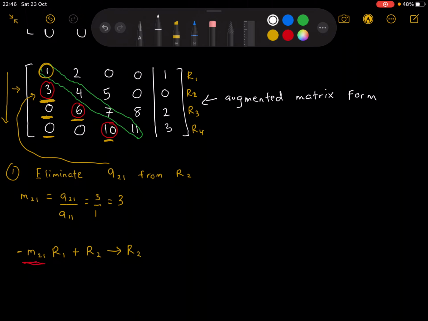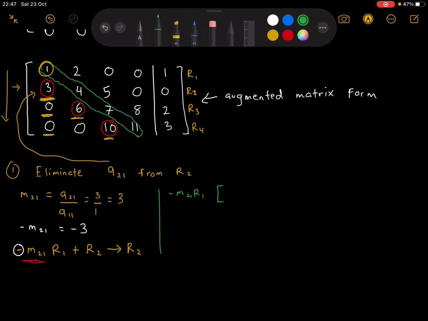So what I always do is write negative M21 equals negative 3, because we have the negative sign here. This is the equation we're going to use. To ensure you won't make any careless mistakes, this is how I write it: first, negative M21 multiplied by row number 1, so I've got negative 3, which is the M21.